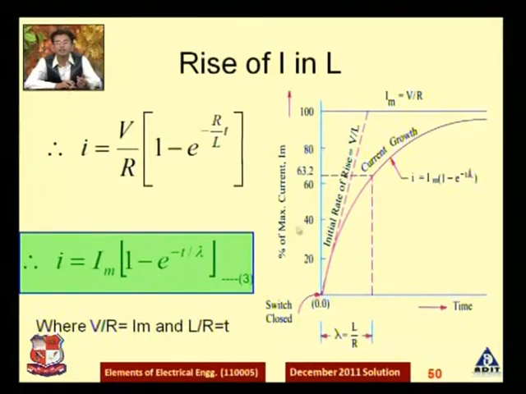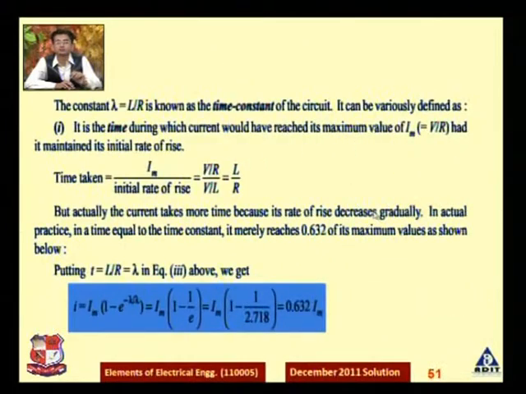But till now we have seen this equation I is equal to Im in bracket 1 minus e raised to minus T by lambda. That is the rise of current in an inductive circuit. Right? So if you know the value from this graph, then you can find out the current for any time instant.